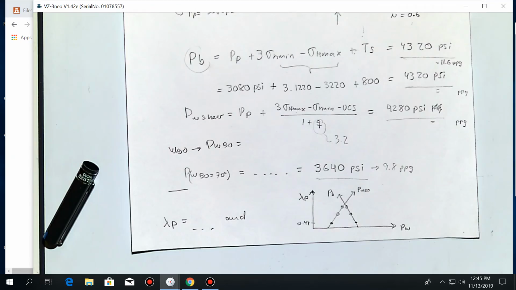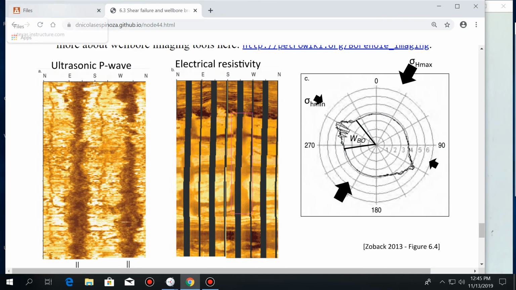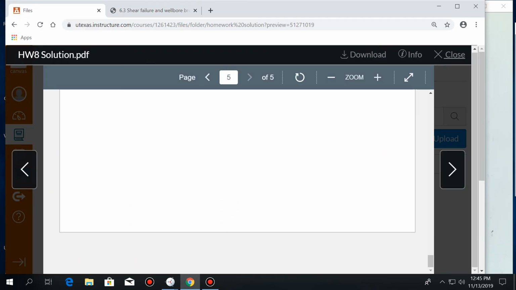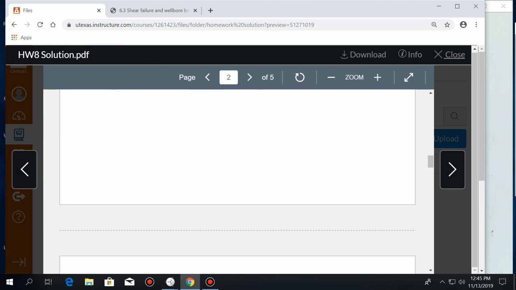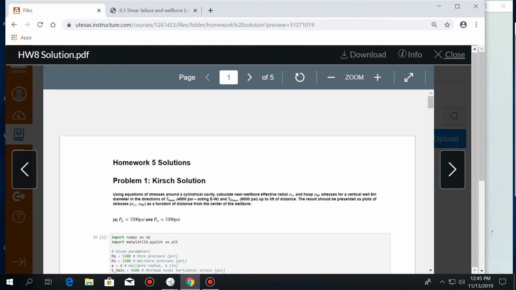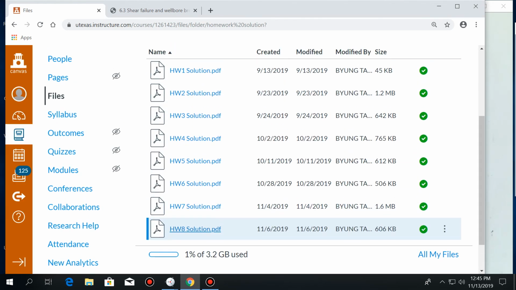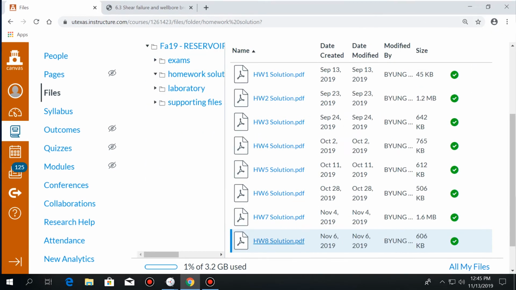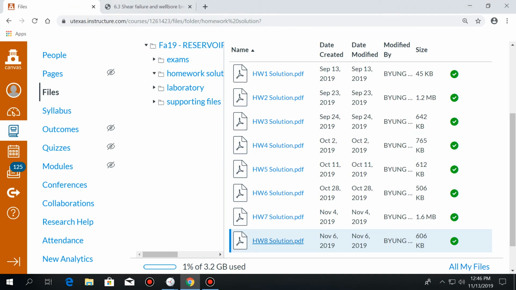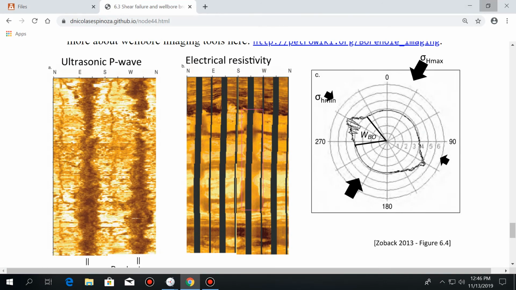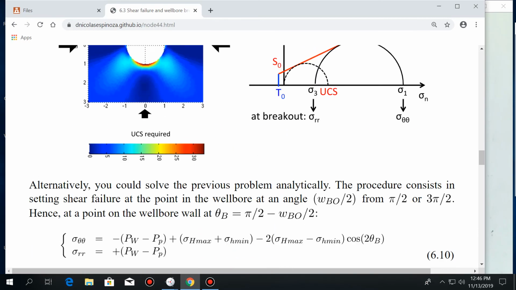Okay? All right, so, well, then that's all about homework number 8. And the one that you have to submit, I believe, today is homework number 9. And homework number 9 is quite similar to homework number 8, but now it involves other variables.